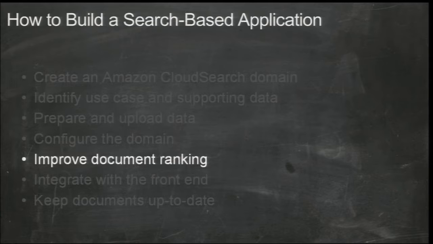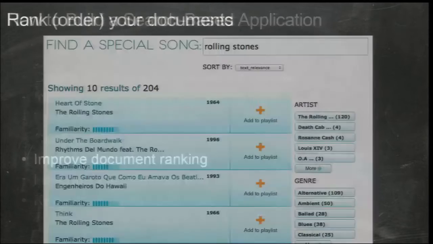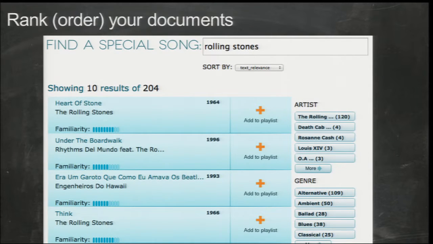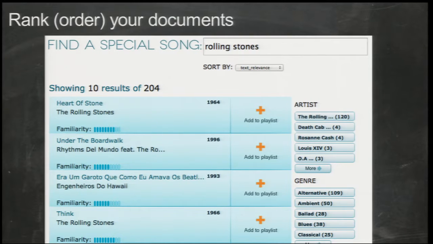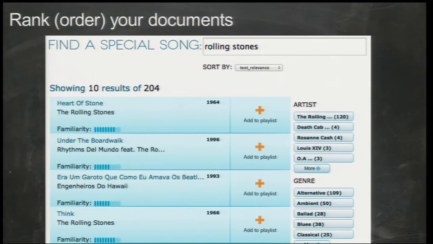OK, so we got our documents. We got them uploaded. We have our domain configured to support our faceting, to support our text searching. And now we're going to talk a little bit about ranking. So you can see here the results for Rolling Stones. CloudSearch uses a default text relevance function, which is comprised of a TF-IDF and a proximity measure.